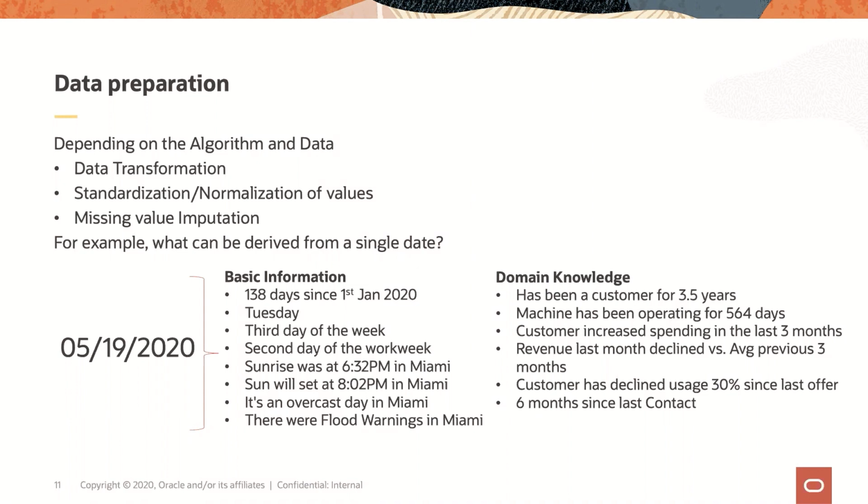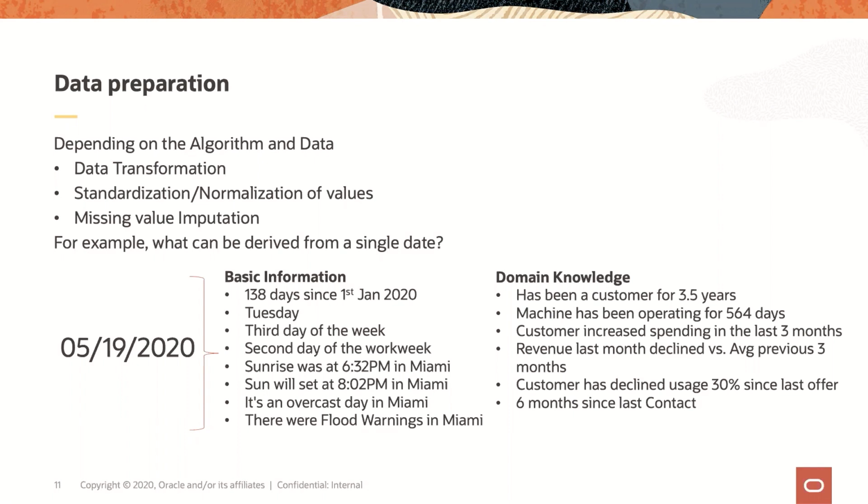The raw data coming in, for example, a date. Just as an illustration, that's today's date, 5/19/2020. But what does that mean if I have that on a customer data set?